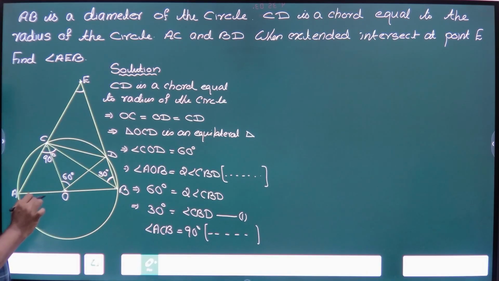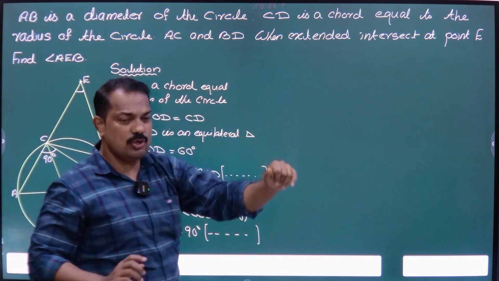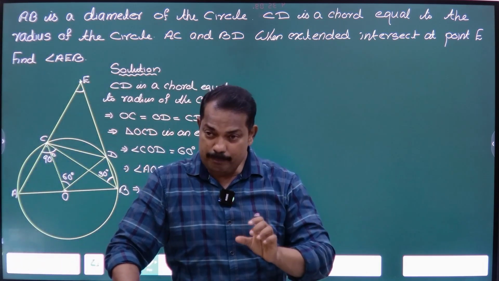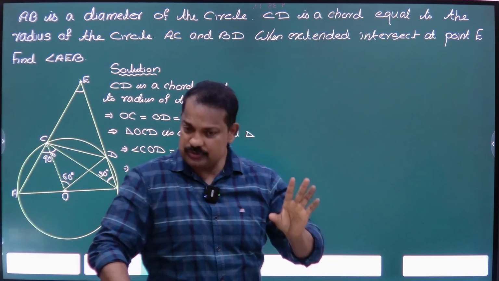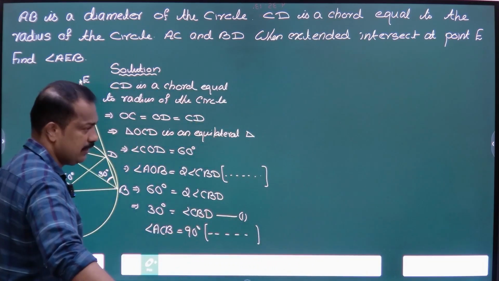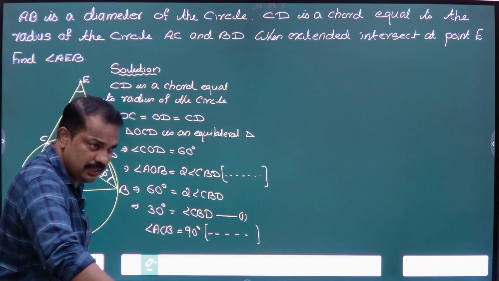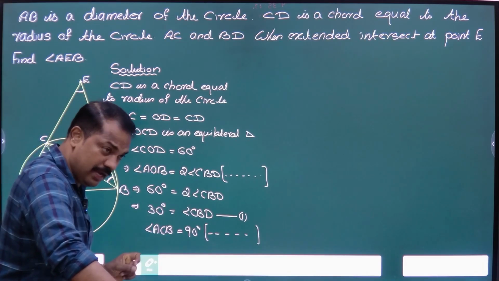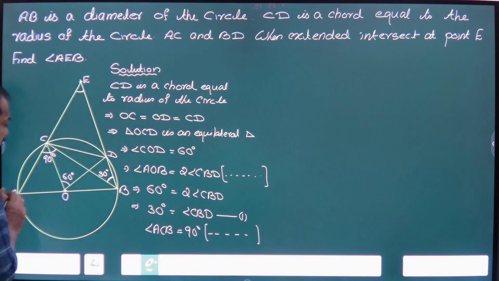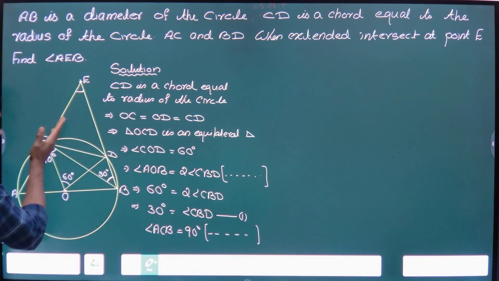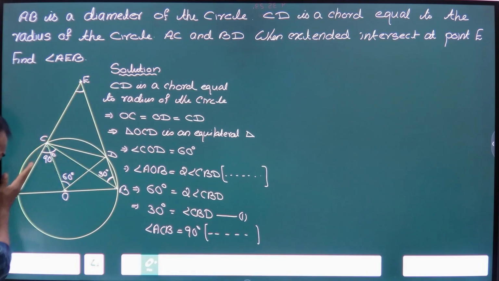So we can apply exterior angle property. In any triangle, exterior angle is equal to sum of interior opposite angles. Which theorem? Exterior angle property. Because one side here produced. Which side? EC produced here. So it is an exterior angle.